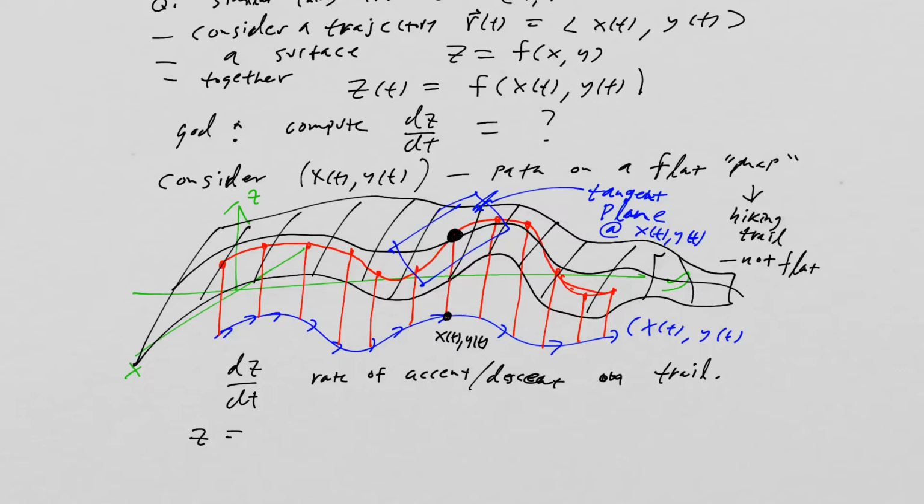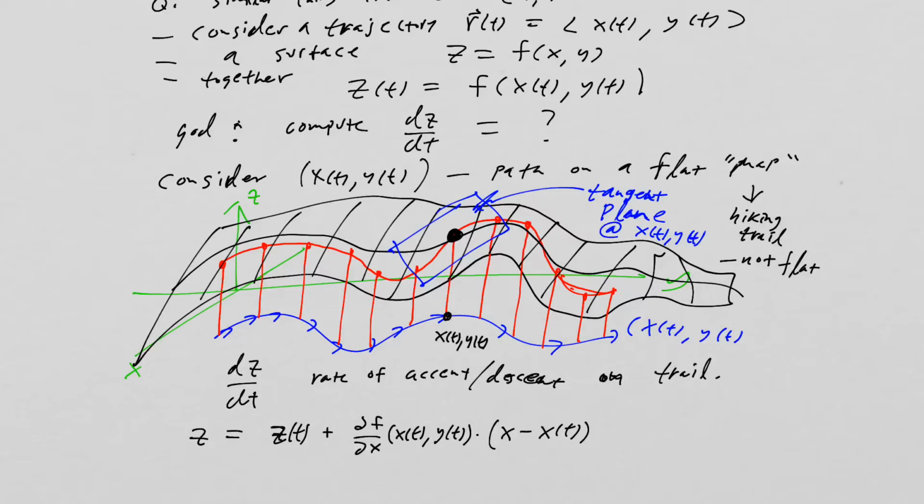We know that z is going to be equal to z naught plus the partial derivative of f. I shouldn't say that. Hold on one second. I'm going to go back up. I'm doing maybe slightly bad notation here. This is going to be z of t plus the partial derivative of f with respect to x, evaluated at the point x of t, y of t, times x minus x of t, okay?